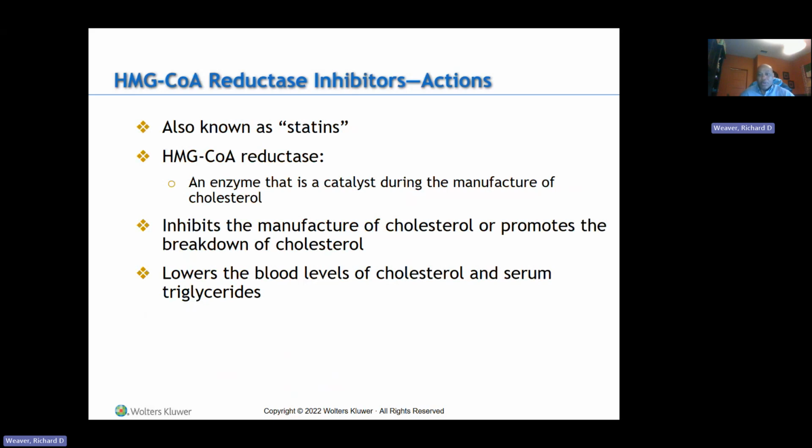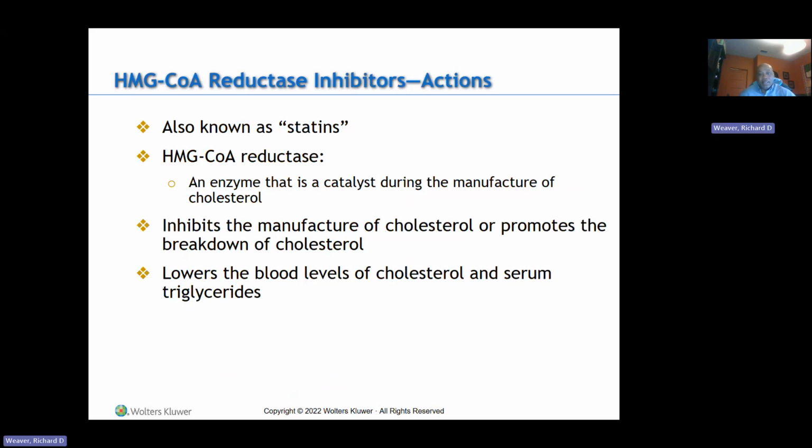Now, although the end result is a lower lipid blood level, each of these drugs has a slightly different action that actually reduces the lipid levels. All right.